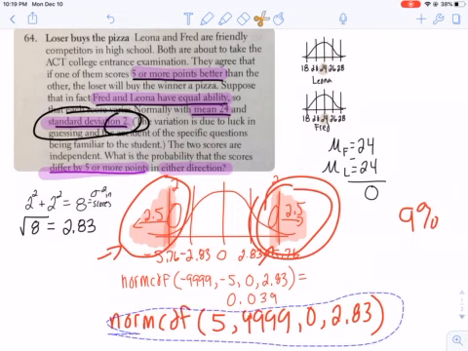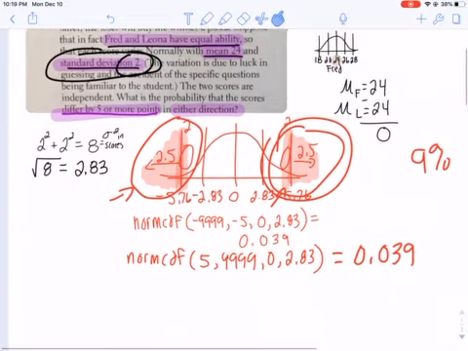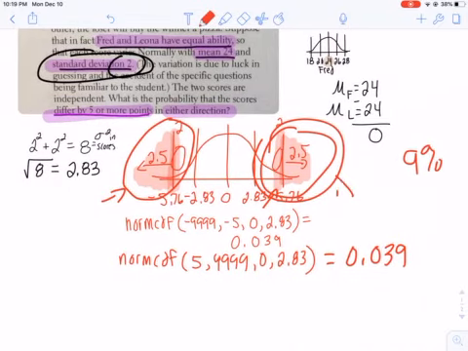And you're going to get, ta-da, the same exact value. And I'm going to round it in this case to 0.039. Since I found that this area is 0.039, this one's 0.039. Excuse me, I should have said that previously.